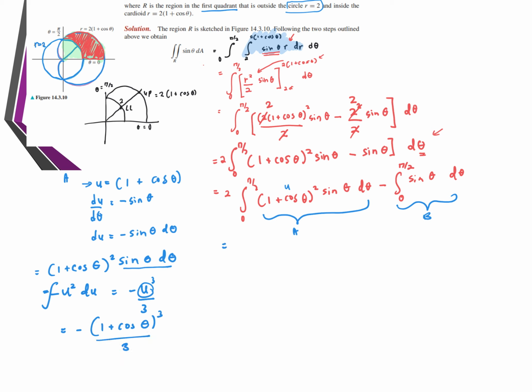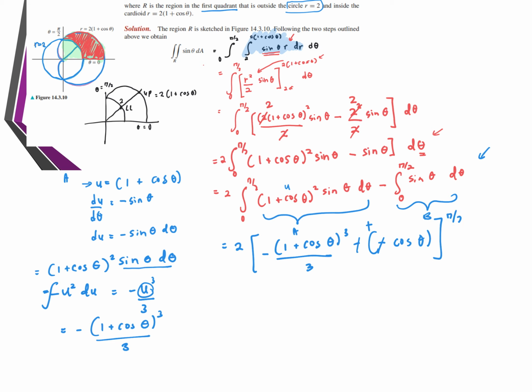Now we have this one. We integrate sin theta, we will get negative cos theta, and then this one will be positive because minus and minus.